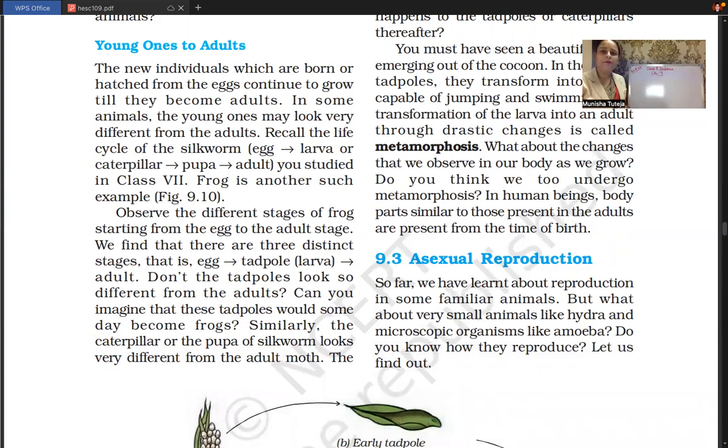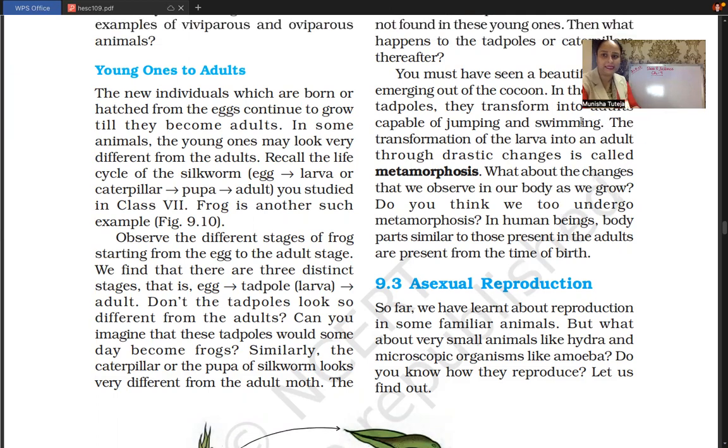Now, Peter, what does this tell us? Be it the life cycle of the silkworm or the life cycle of a frog, what is it telling us? It is telling us that there are various stages of changes in their life, right? So in this diagram, I'll show you these lines which you need to underline because they are the important lines.